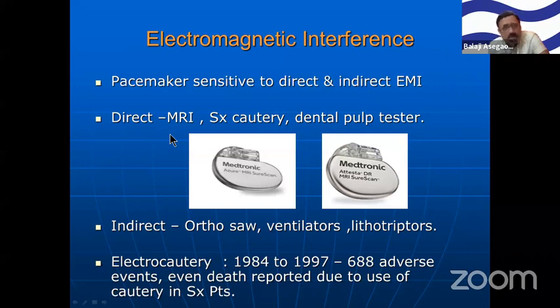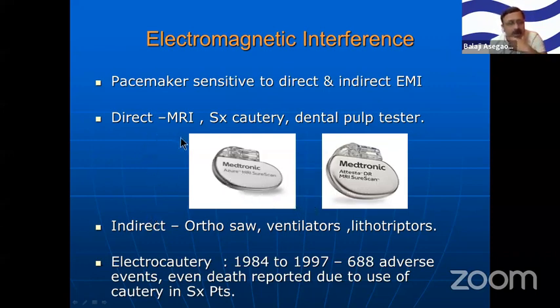Can you use, say, cautery? I'm going to talk about cautery in the next slide. But if the patient is on a sensing mode, all these are not allowed. So nowadays, Medtronic has come up with the Azura and Ativasta, all these kinds of MRI sure scan pacemakers. If these pacemakers are implanted into a patient, then only can MRI be allowed.